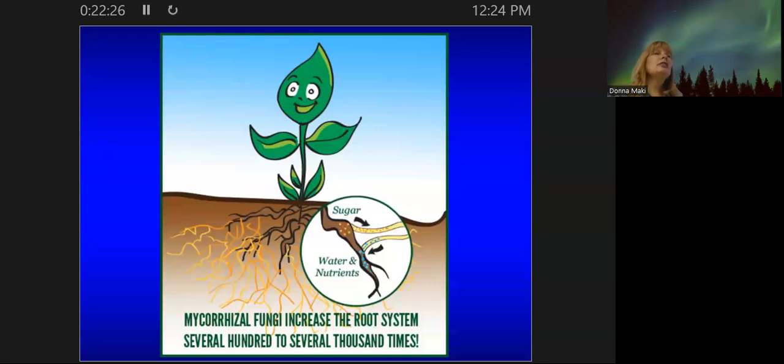And not just that, but it allows the roots to get into areas of the soil that the roots physically cannot make it into because they're too big. But the hyphae coming off the roots can penetrate into those nooks and crannies of the soil. And that would, again, just greatly expand the ability of the plant to get access to water and other minerals and things like that that it normally could never do.